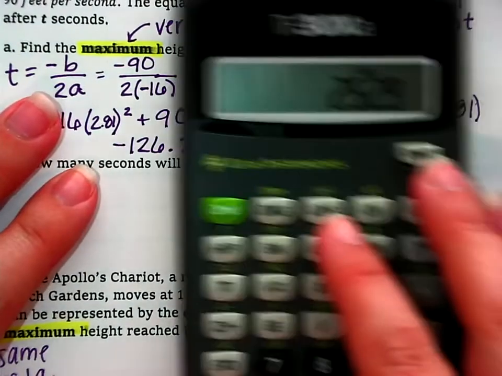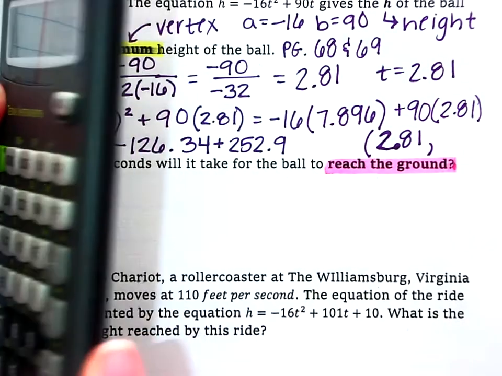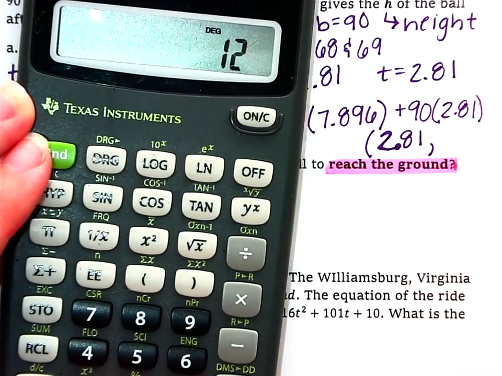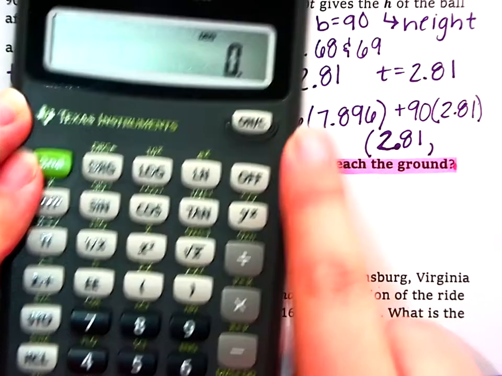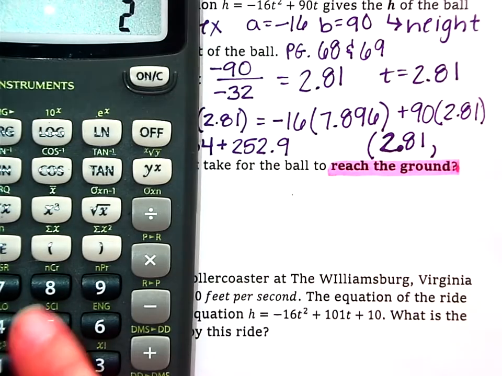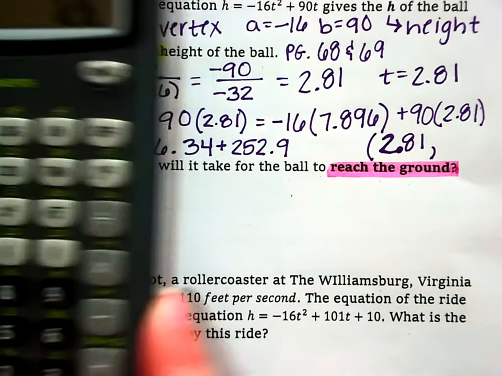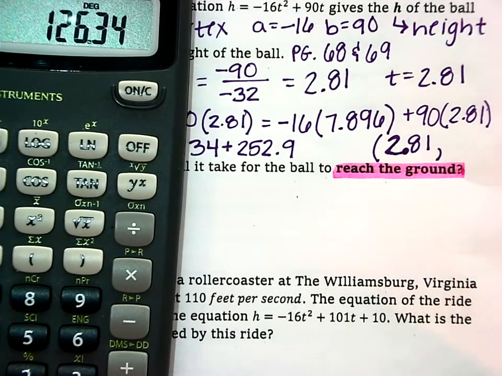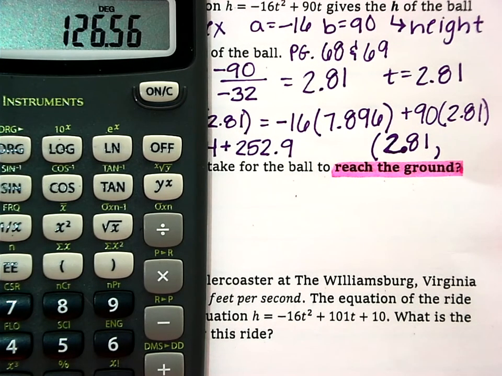So 252.9 plus 126.34 negative equals 126.56.